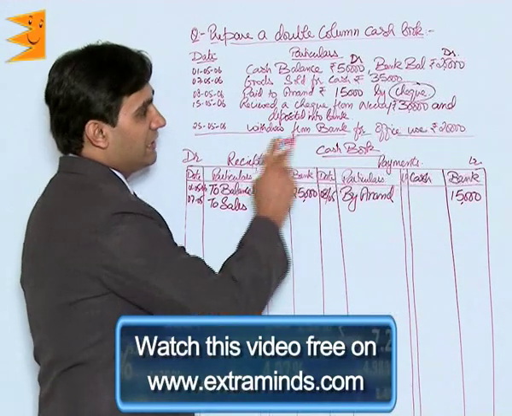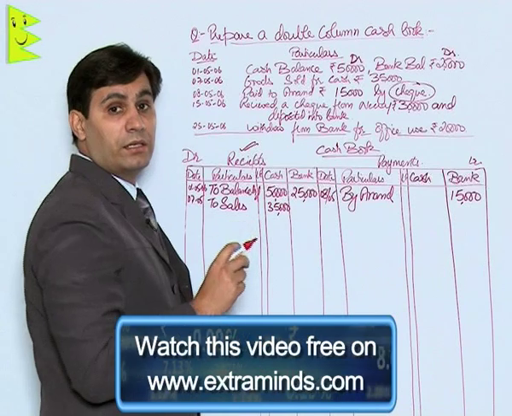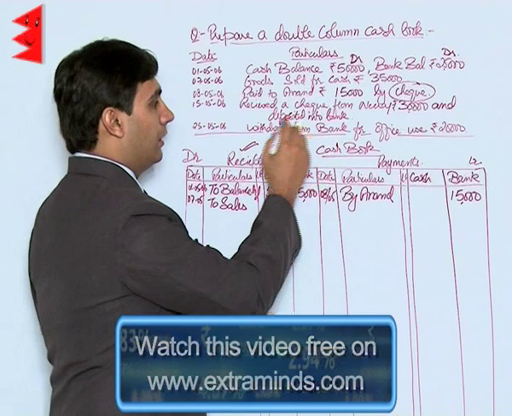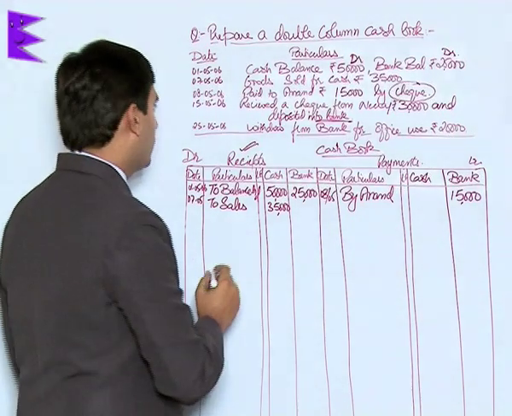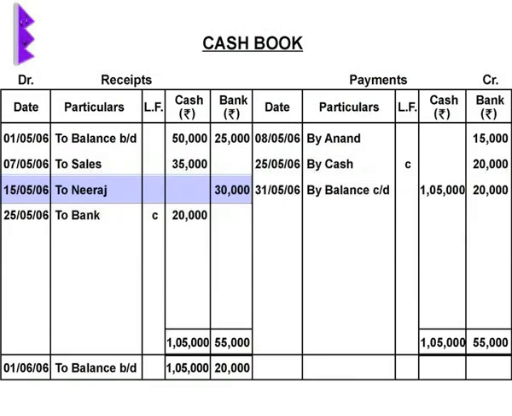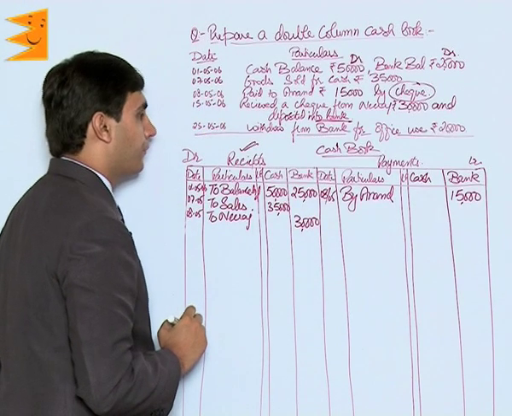Since we are receiving payment, the entry would be made on the receipt side but in the bank column because the cheque has been deposited into bank. So on 15th May, it would be to Neeraj, amount is 30,000 rupees and it will appear in the bank column.